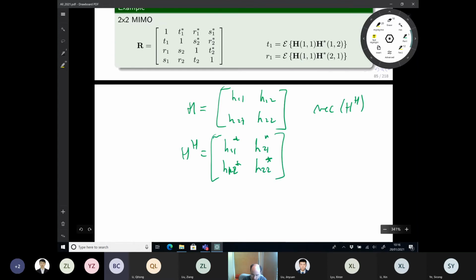What is the vec of this? Vec means I'll vectorize that matrix into one column. So I look at the first column and I stack up all the columns. So we're going to have H11 conjugate, H12 conjugate, H21 conjugate, and H22 conjugate. Now I have a 4 by 1 vector.